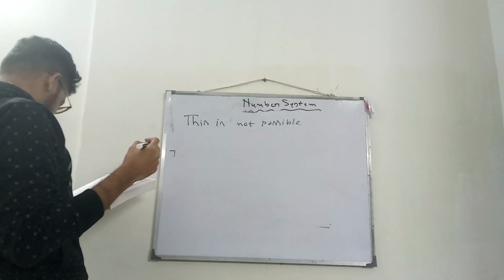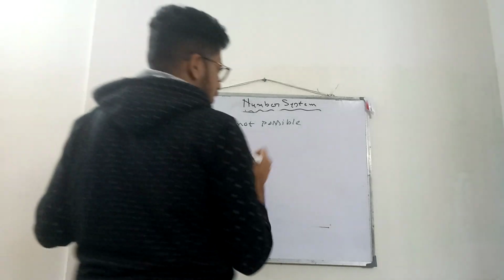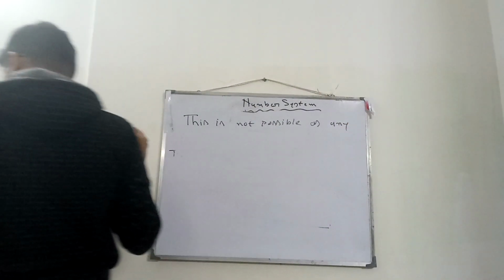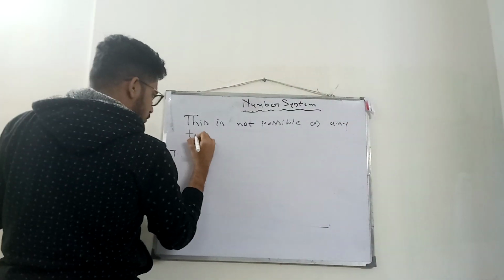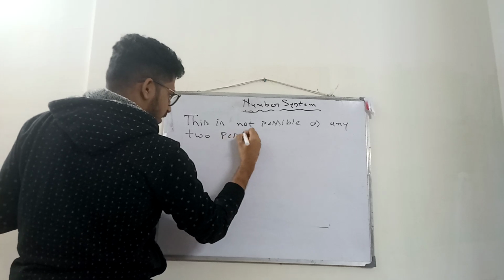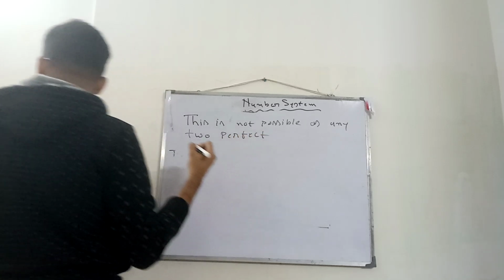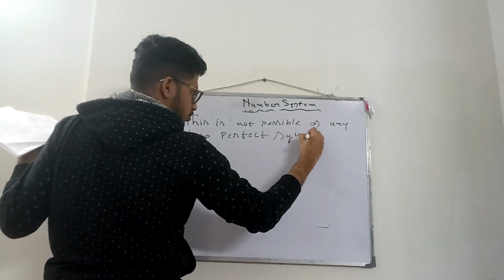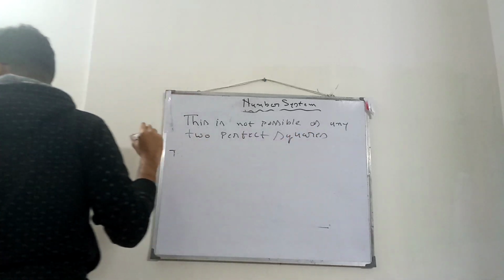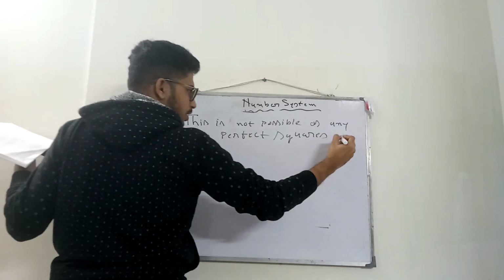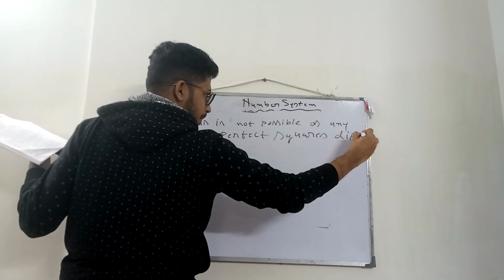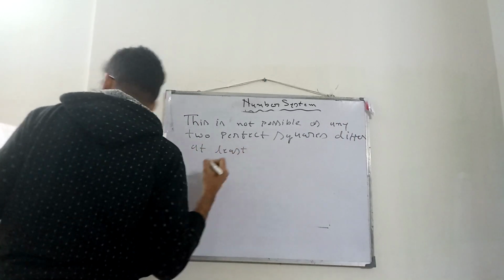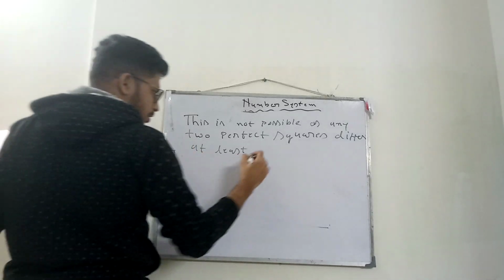This is not possible as any two perfect squares differ at least by 3.